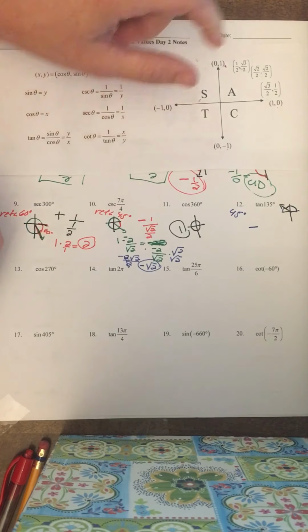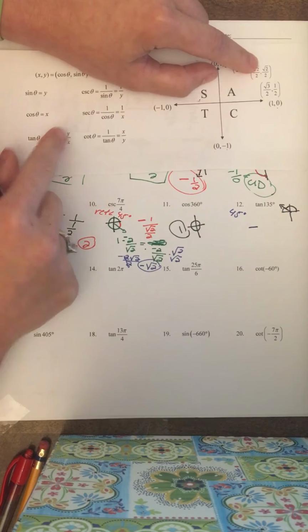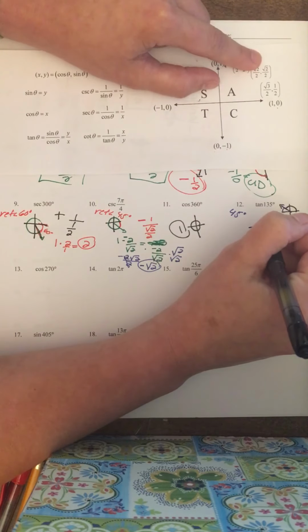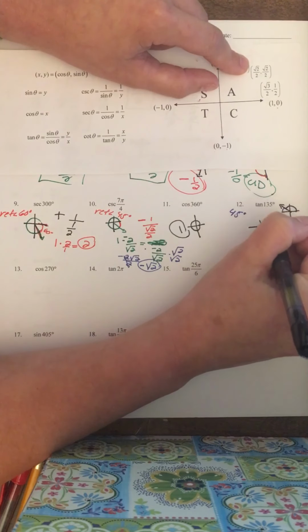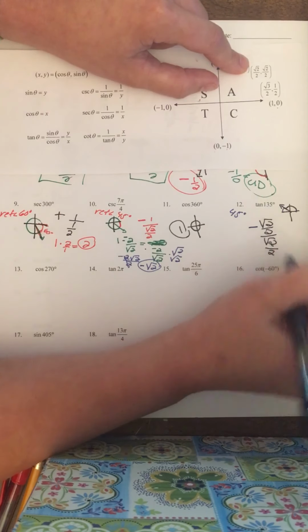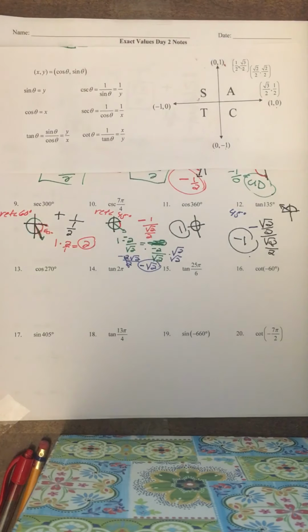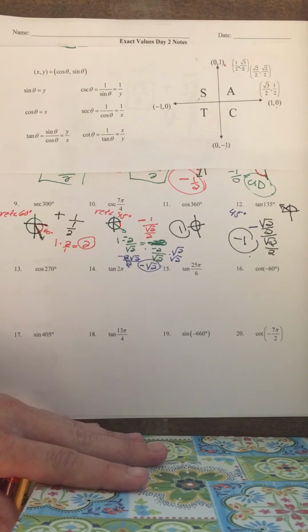And remember that tangent is sine over cosine. Since we're looking at a 45-degree reference angle, we're looking at this point. So that's going to be the square root of 2 over 2 divided by the square root of 2 over 2. All right, and that just gives us -1.